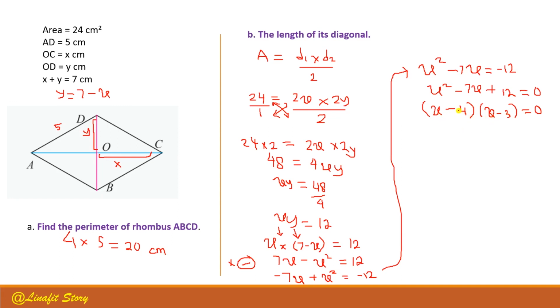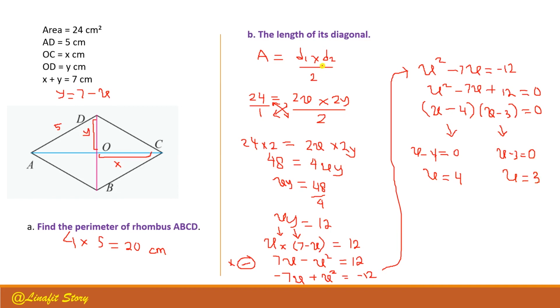So negative 3x, negative 4x is equal to negative 7x. x minus 4 is equal to 0. We move negative 4 to the right hand side. So x is equal to 0 plus 4 is 4. x minus 3 is equal to 0. Then we move negative 3 to the right hand side. So x is equal to 0 plus 3 is 3.